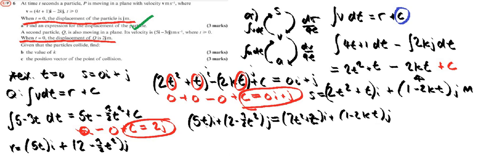So now I can look at these, and the k that I want is in the j component. So I want to equate my two j components. Now that means that 2 minus 3 over 2 t squared is equal to 1 minus 2kt.